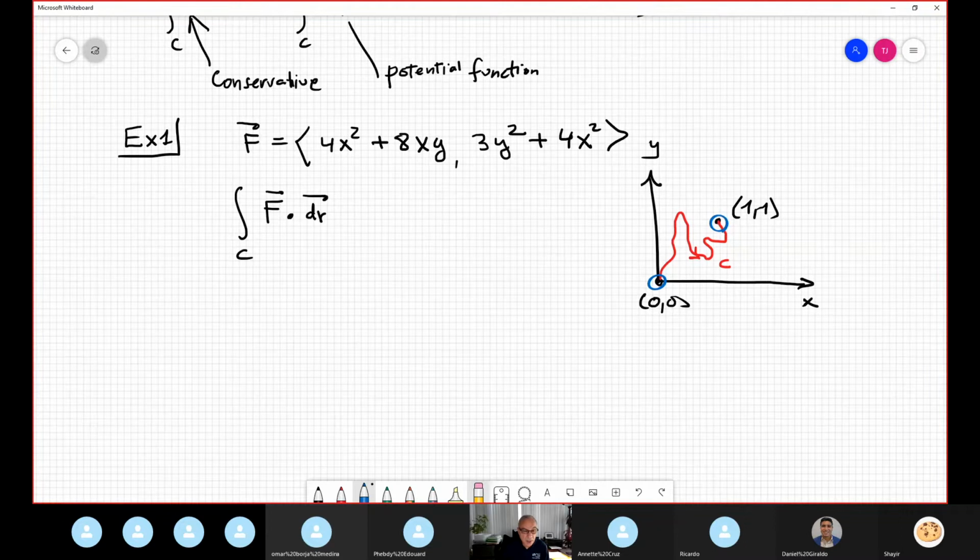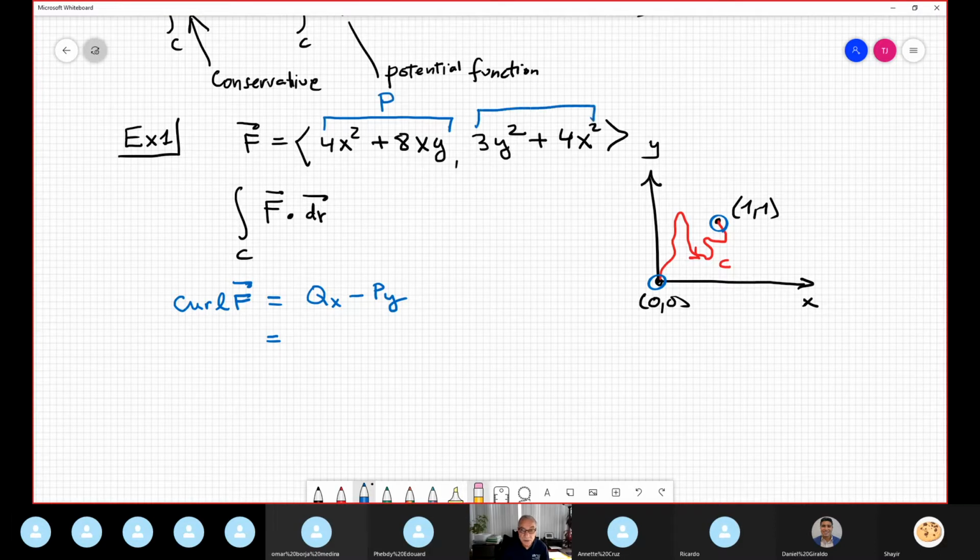First of all, I need to prove somehow that this vector field is conservative. The fantastic way to prove this is using the curl. You compute the curl of this vector field. If the answer is 0, then the conclusion is conservative. The formula for the curl in 2 dimensions is Qx minus Py. Remember, this is the P expression, and this is the Q expression.